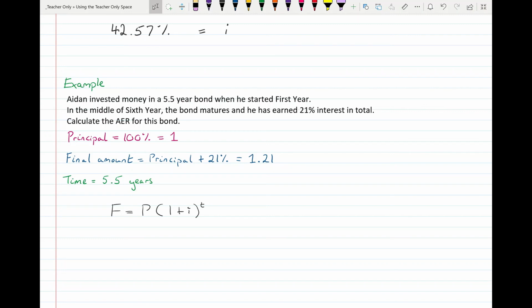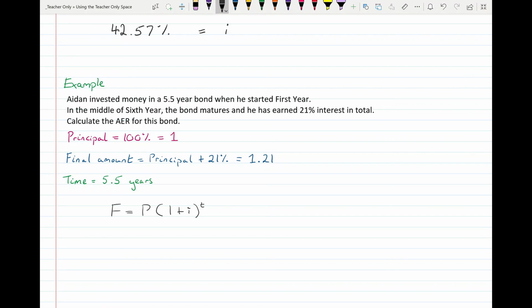Okay, so we don't know how much he put in, but we're just trying to figure out the interest rate. So let's say that the principal he put in was 1. He put in €1. It just makes all the calculations a bit easier. So if he put in €1, he earned 21% on that €1. So when he came out in 6th year, he had €1.21. His time was 5.5 years.